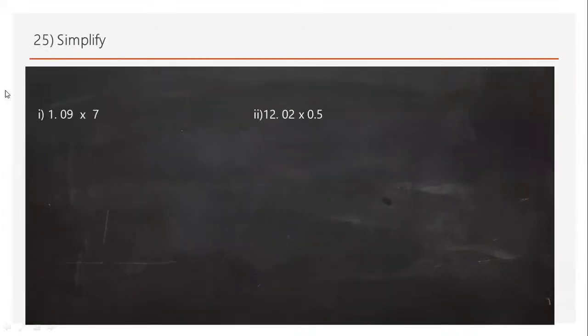25, last sum. I told you several times, without concern for the decimals, multiply, and finally you can separate the decimals. 1.09 by 7. 7 times 9, 63, 6 remainder. 7 times 1, 7. 2 decimal places, 7.63.